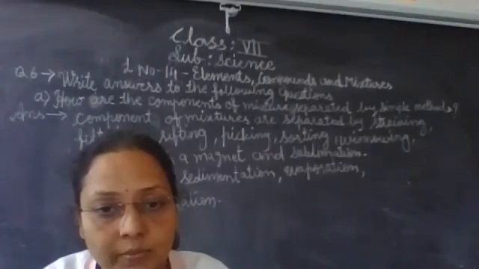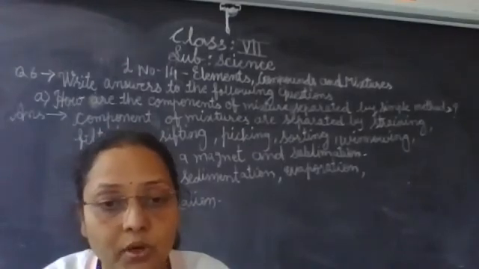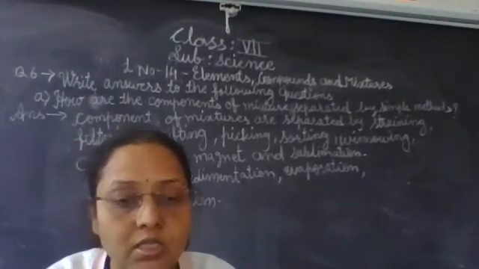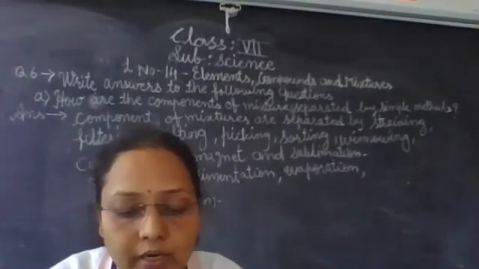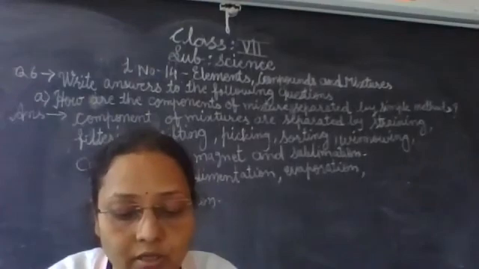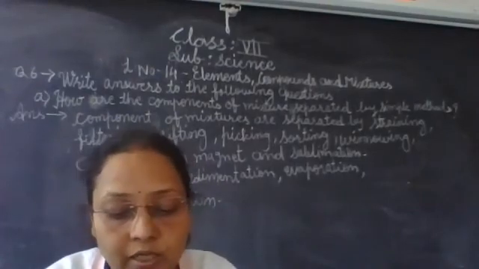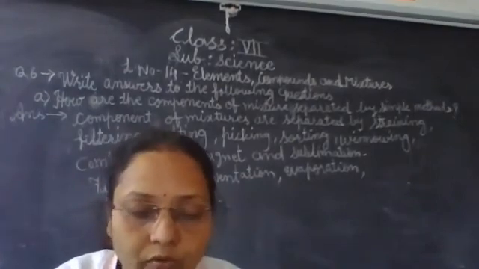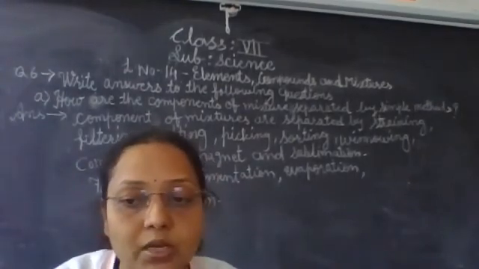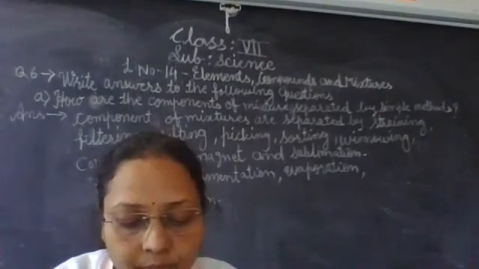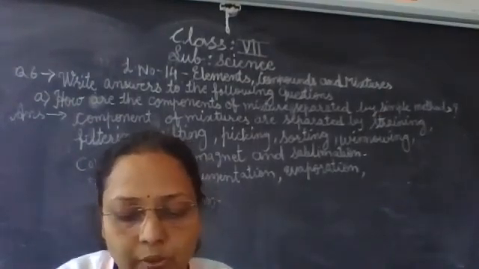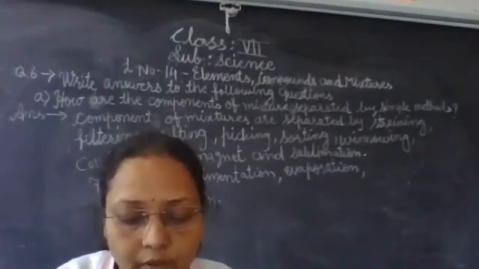Then next is the sublimation method. It is a process in which some solids on heating are transferred directly to the vapor without passing through the liquid state. That is the sublimation. So camphor, it is used to separate a mixture from solid.